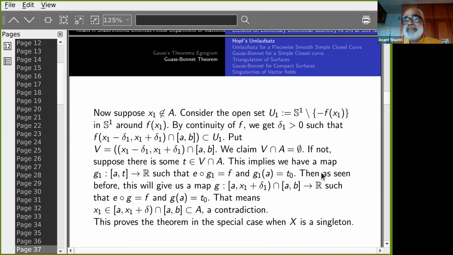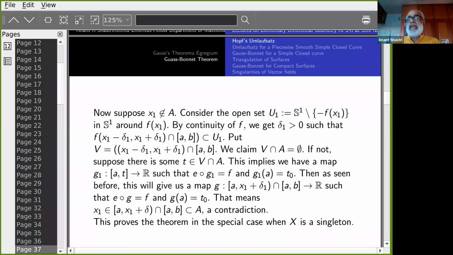So this part is similar. The only thing is, you start with the negation, then you get a contradiction here. So no point of V is inside A. V intersection A is empty means V is contained in the complement of A. So the complement of A is also open, which just means that A is closed.